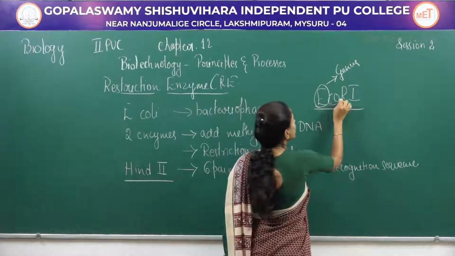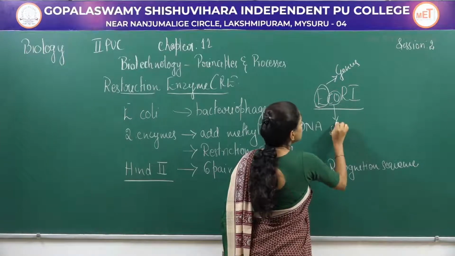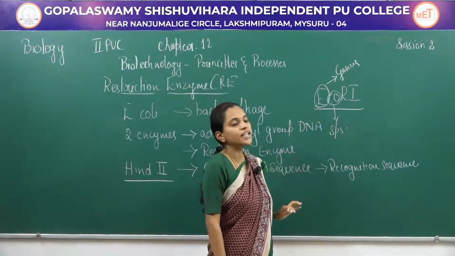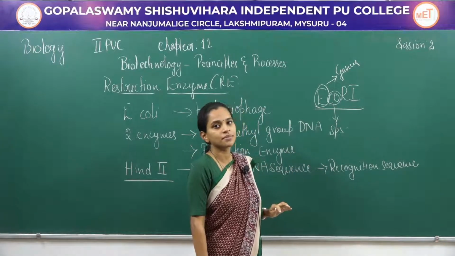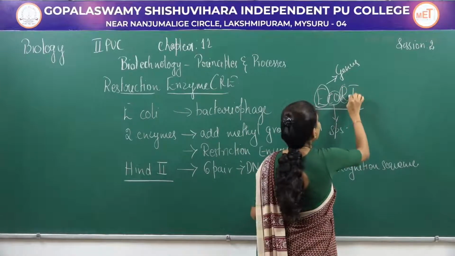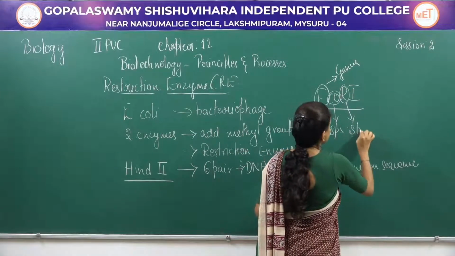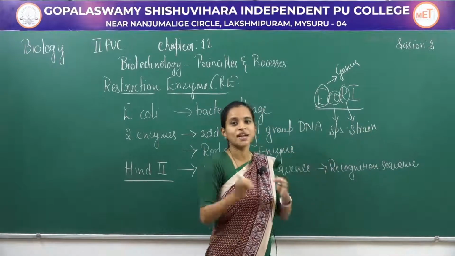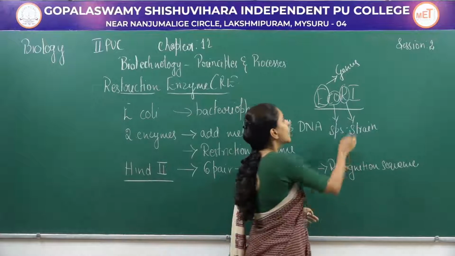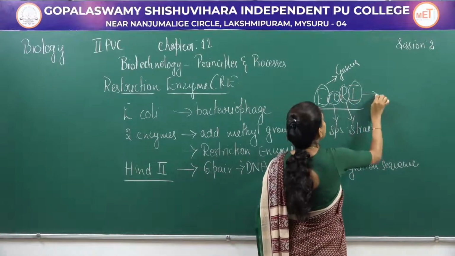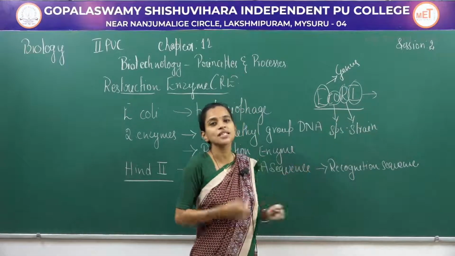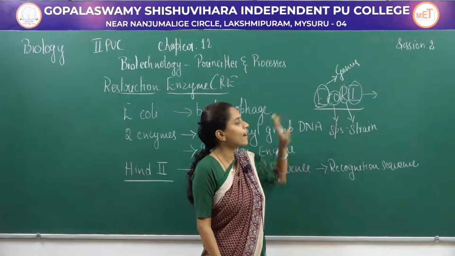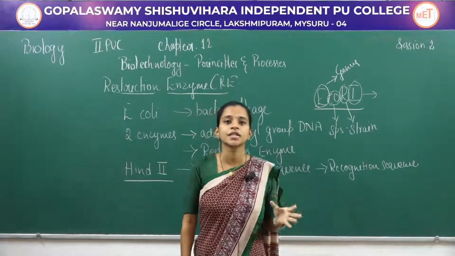The next 2 letters are about the species of the bacteria from which this restriction enzyme has been extracted, and R represents the strain, whether it is a rough strain or a smooth strain. And last, the Roman numeral I represents the order in which it has been isolated from the bacteria. So this is how you name a particular restriction enzyme.